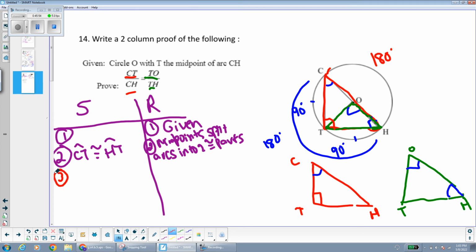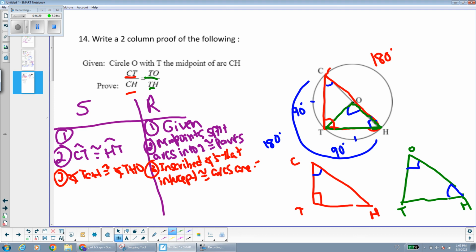Okay, then we mentioned how angle TCH and angle THO, TCH and THO, are congruent to each other. And that's because inscribed angles that intercept congruent arcs are congruent.